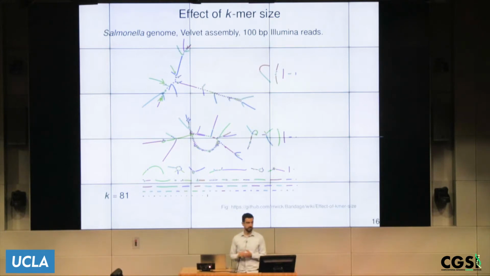And finally, if you're tempted to increase k again to, let's say, 81, then the graph gets disconnected into multiple components, indicating that the sequencing coverage was too low to see all the 81-mers in the reads, all the genomic 81-mers. So if you, yes?